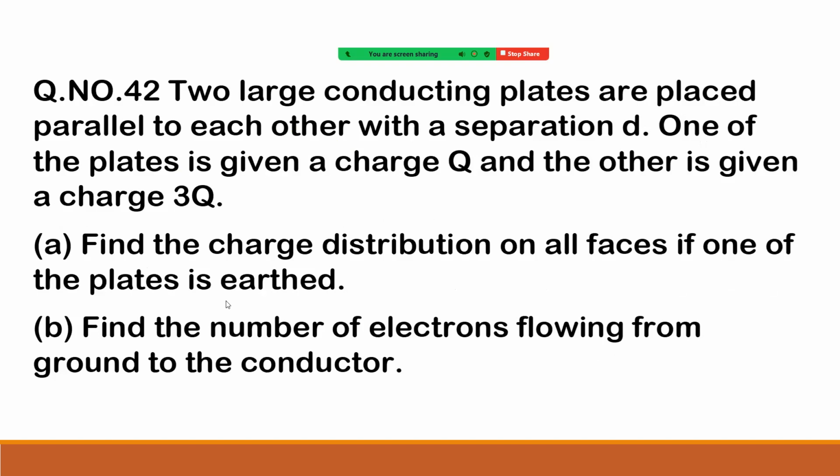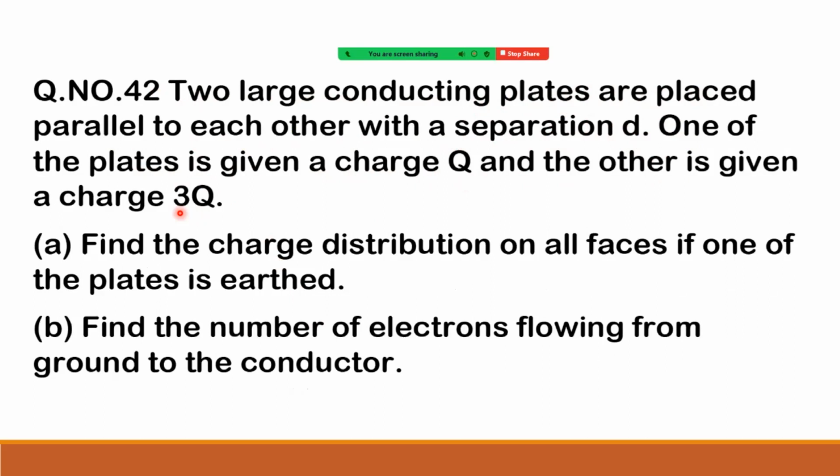See what is the question given. Two large conducting plates are placed parallel to each other with a separation d. One of the plates is given charge Q, other is given 3Q.